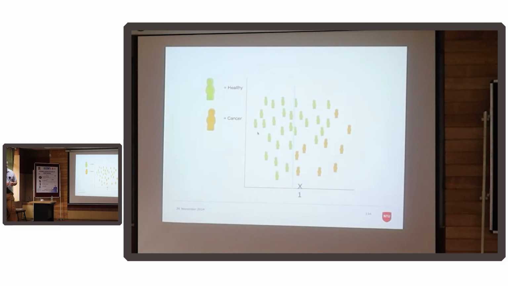Right. So our first rule is saying if less than x1, because it's on the x-axis, then it's a pure class, or if greater than x1, it's a mixed class of healthy and cancer. So you can see that's the logic of it. It's an if-then rule. So there's a threshold there.